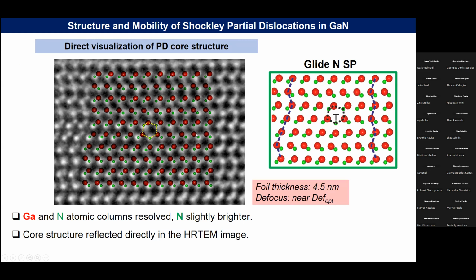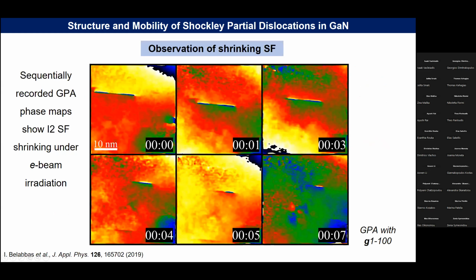So by using aberration corrected HRTEM imaging under optimized imaging conditions, it is possible to directly see the core structure in the center here, and this is how important it is to have the peak position here, because we have the atomic column.